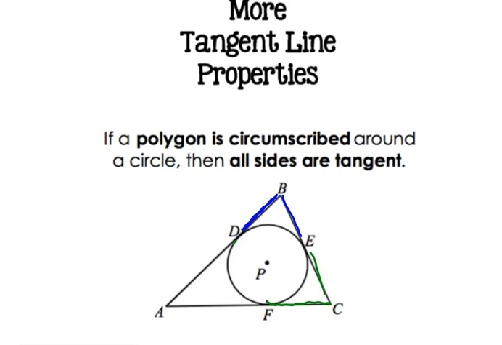Does that mean BE is equal to EC? No, not necessarily. And what about FA? We'll practice that. What about PD? That'd be a radius. PE, radius. PF, radius.